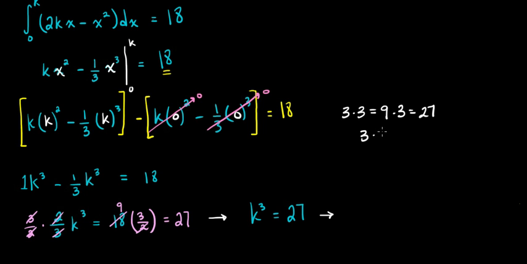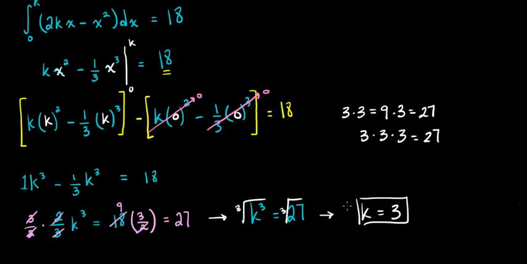So 3 times 3 times 3 is 27, and so 3 to the third power is 27. So we have our answer that k is equal to 3. Again, you could have also just taken the cube root and asked yourself, what is the cube root of 27? And you would get an answer of 3. So here in this problem, k has to equal 3.